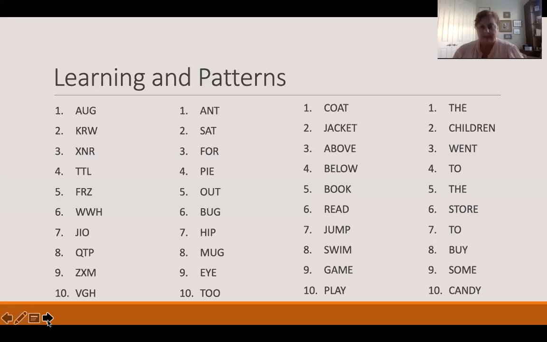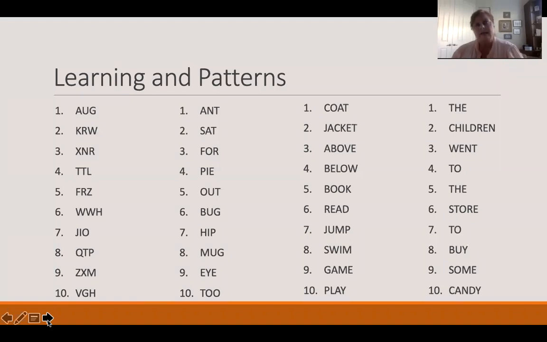the same way that you looked at list 1. List 1 doesn't follow any of the rules of phonetics in English. There are no words in English that begin TTL, let alone have only 3 letters that are TTL or XNR.